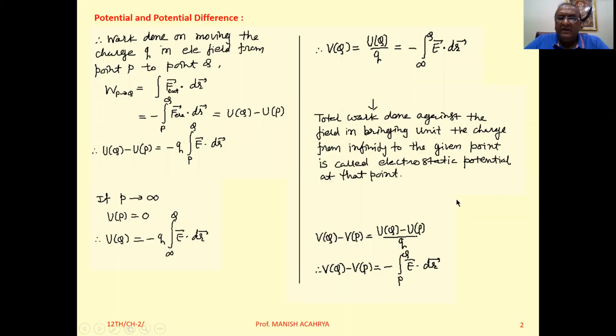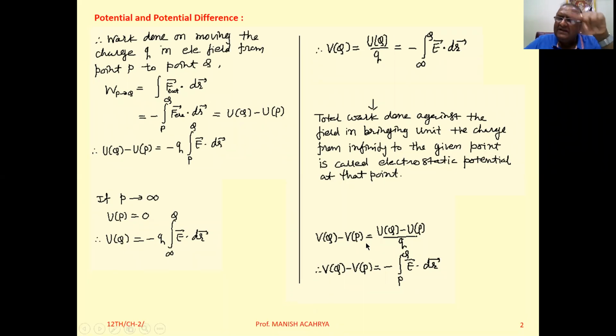Now, if we take the potential difference between 2 points in the given electric field, suppose we take VQ minus VP. VQ is the potential at point Q in the given electric field, and VP is the potential at point P in the given electric field.